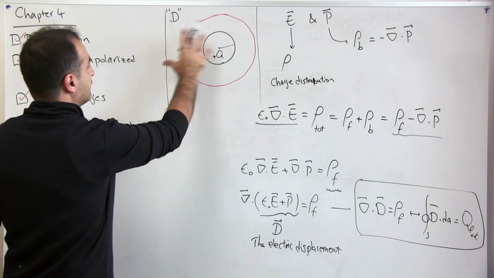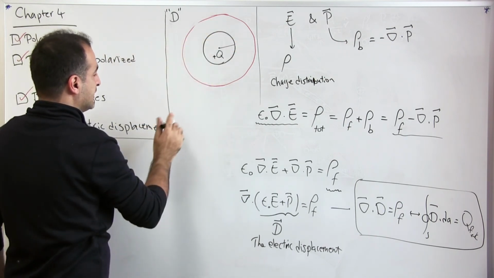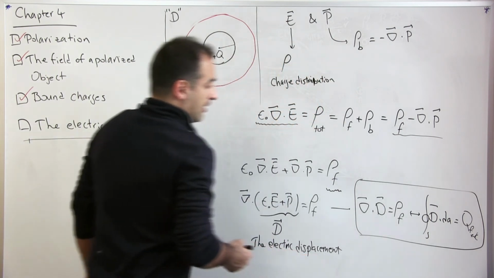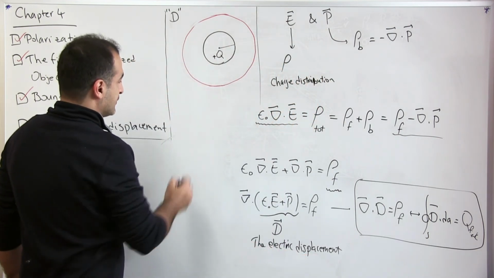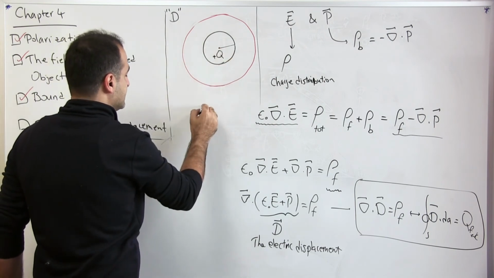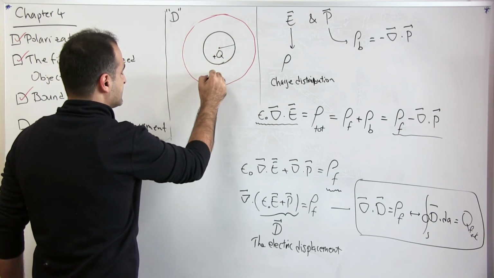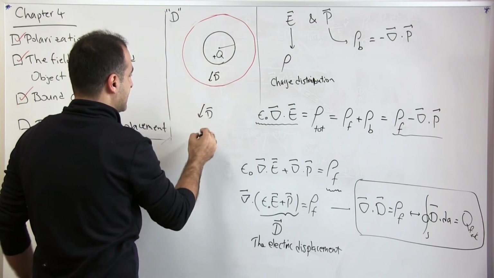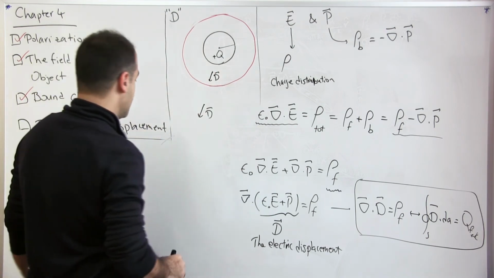For this kind of geometry, we can look at the integral form. D is going to be uniform. If Q is positive, D is always a vector pointing outside. This is D here, and this is D here. Perhaps if we go further, D becomes smaller.